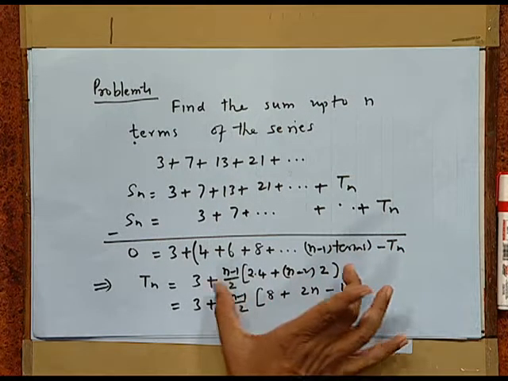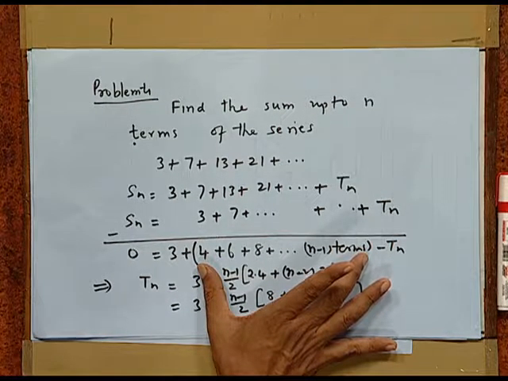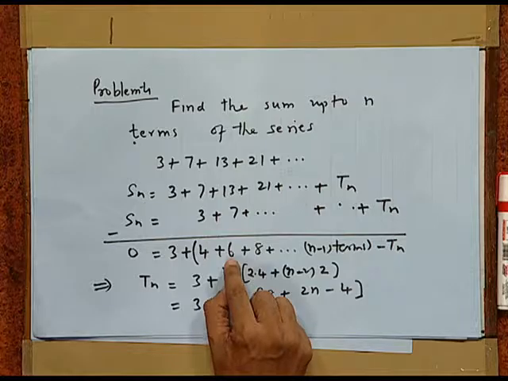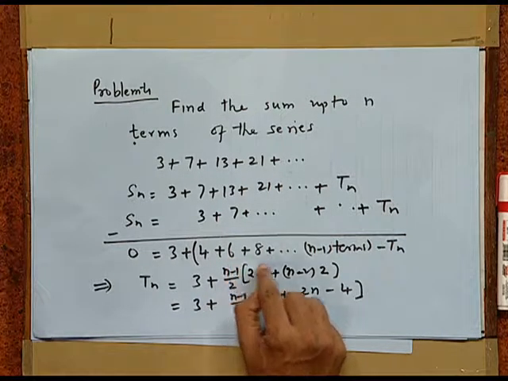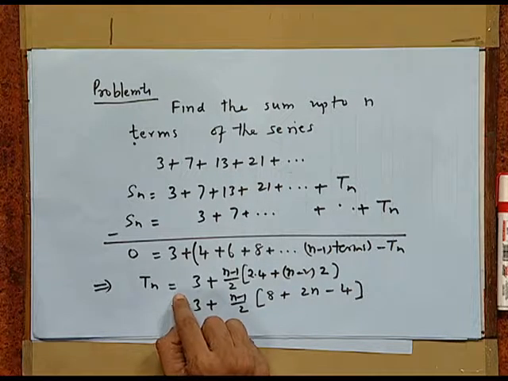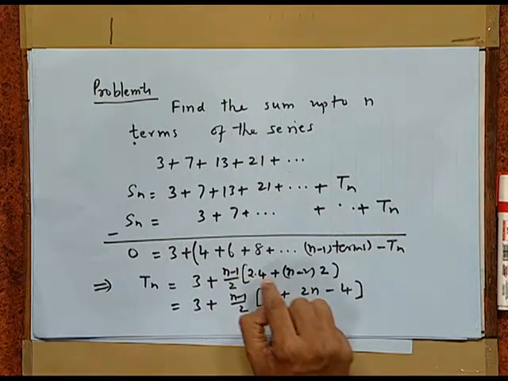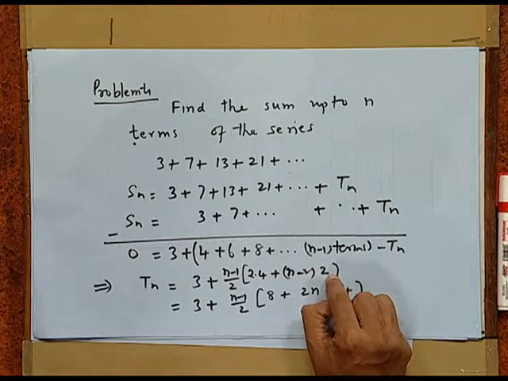Now the terms inside the brackets form an AP starting from 4 with a common difference of 2, and there are n minus 1 terms there. So it becomes T n is equal to 3 plus n minus 1 by 2 times 2 times first term plus n minus 2 times 2.